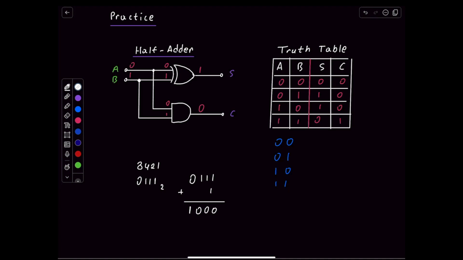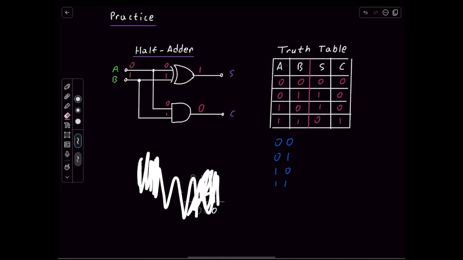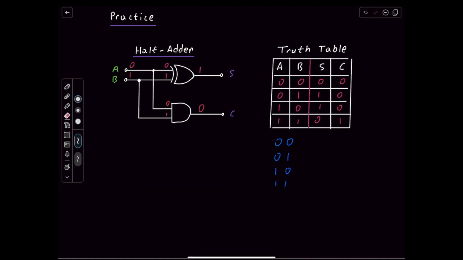So this idea is very nice, and it's always going to be helpful when creating these truth tables. Every time you see a bunch of 1s, when you add a 1, the 0 in front of those 1s turns into a 1 and the rest turn into zeros.